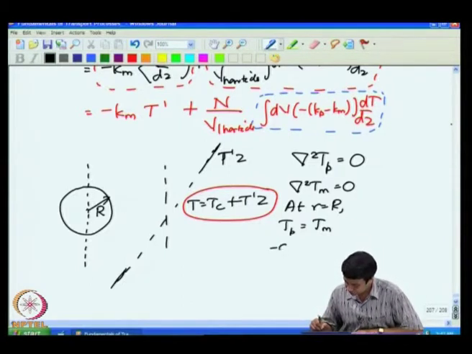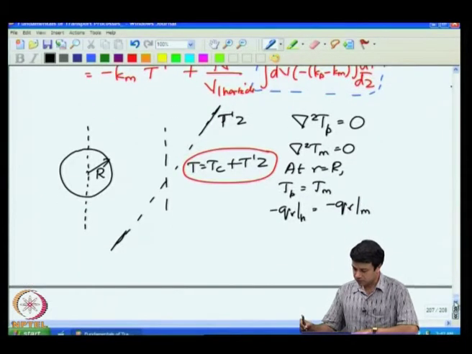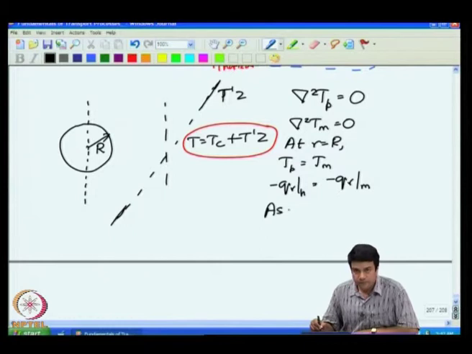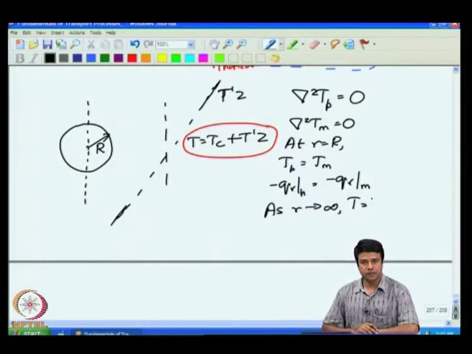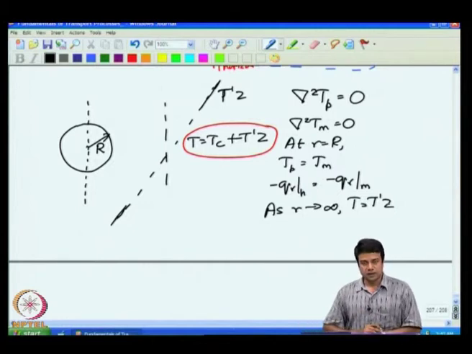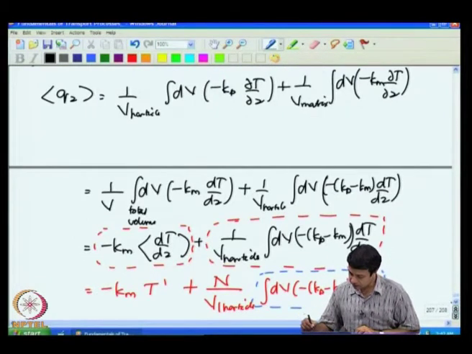Minus QR in the particle is equal to minus QR in the matrix. So, the heat fluxes in the two phases have to be equal. And in the limit as r goes to infinity, I should require that the temperature has this form: the temperature has to be T prime times Z. As I said, the temperature field can be determined only to within a constant, because the contribution to the thermal conductivity depends only upon the derivative of the temperature.